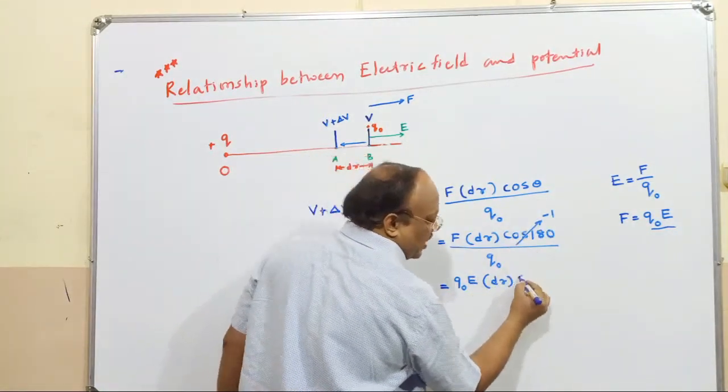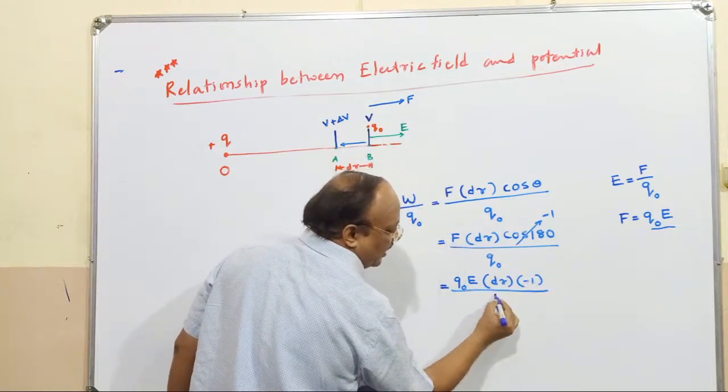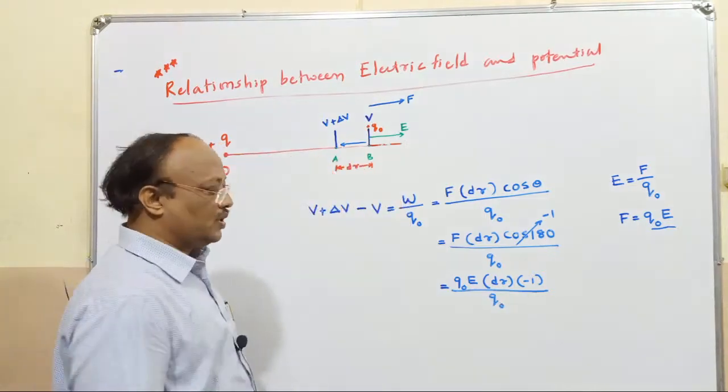So this is minus 1, whole divided by Q naught.